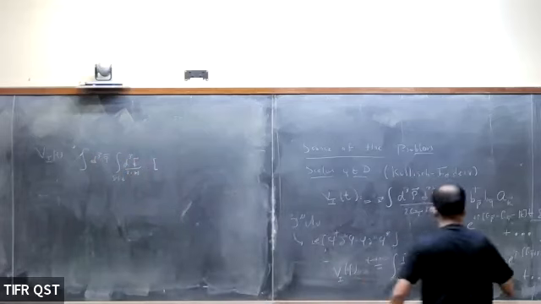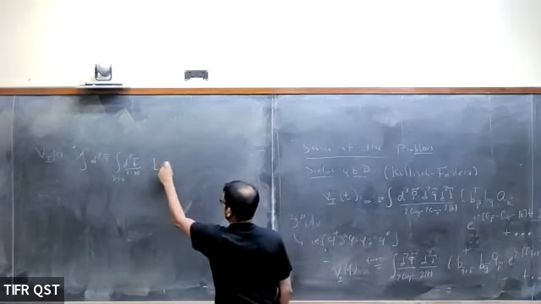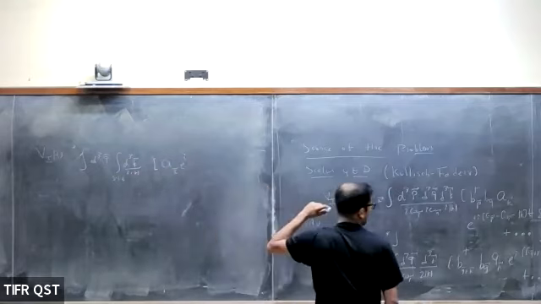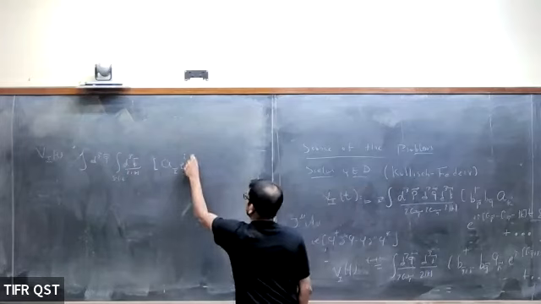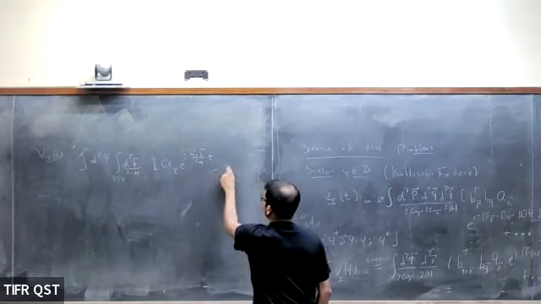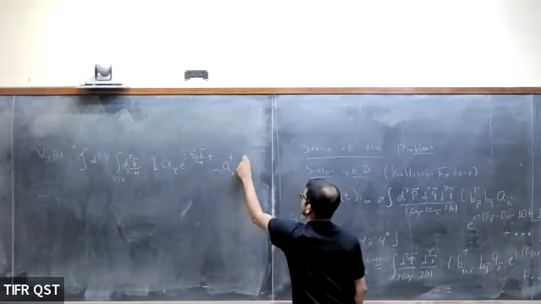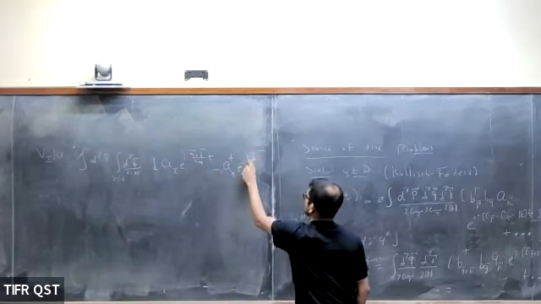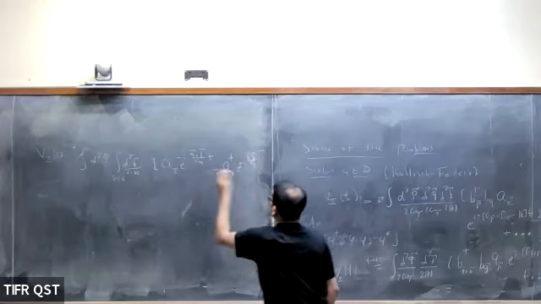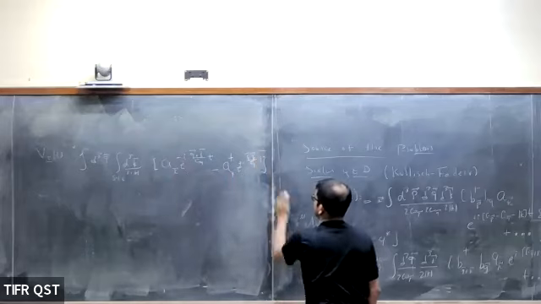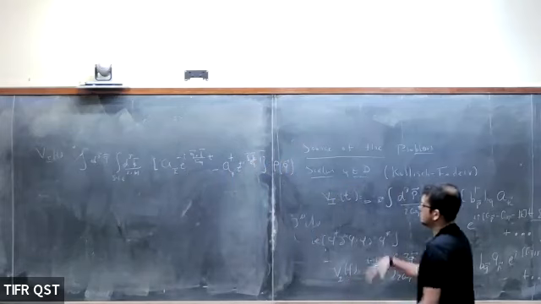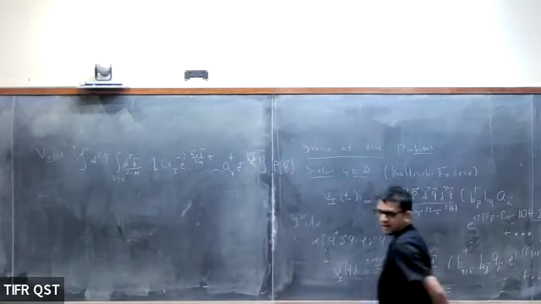Now there will be many terms. I'm just writing the terms directly. So you can check immediately that after some algebra you will get e to the i q dot k by q dot e minus e dagger k e to the minus i q dot k by q dot e, sorry, this should be plus, multiplied with the charge density, which is just b dagger b minus c dagger c.